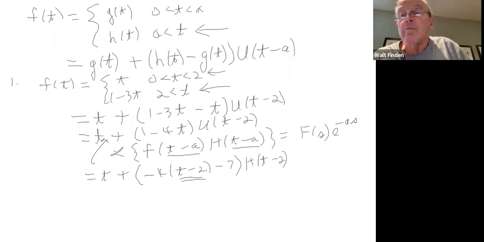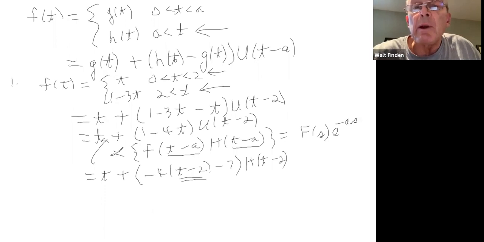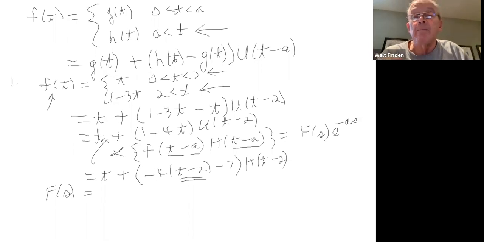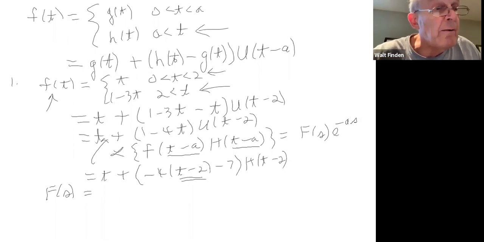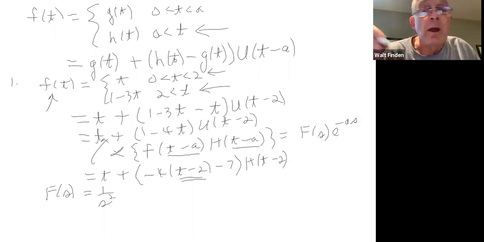And now I'm ready to write down capital F of s for this problem. That's the Laplace transform of small f of t. And so I get here 1 over s squared, something that you need to know how to do. And so I have plus, and I have a minus 4t.